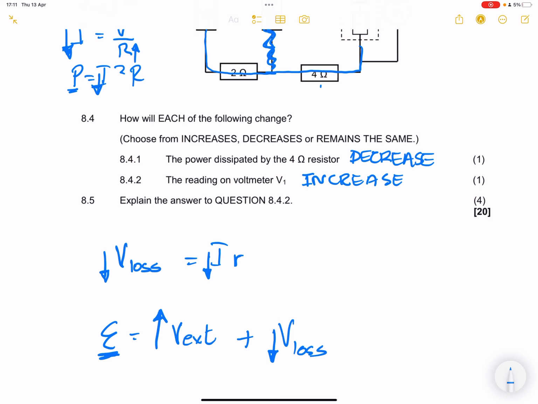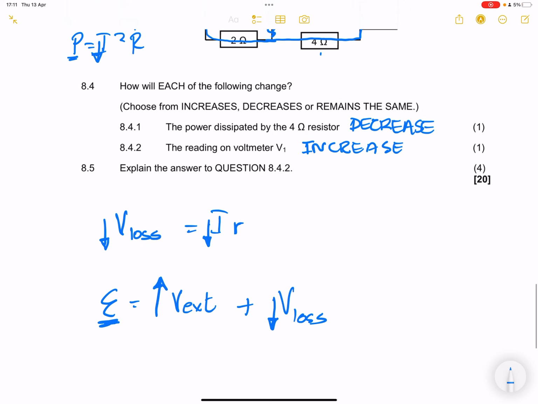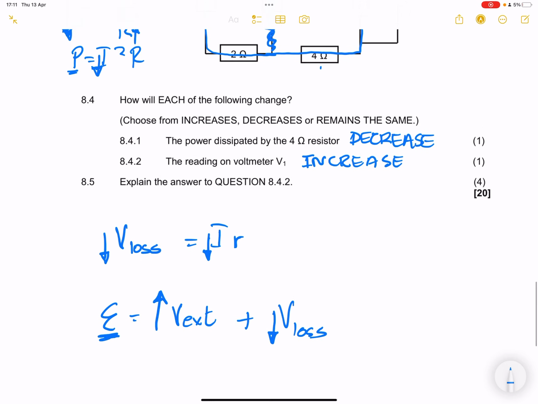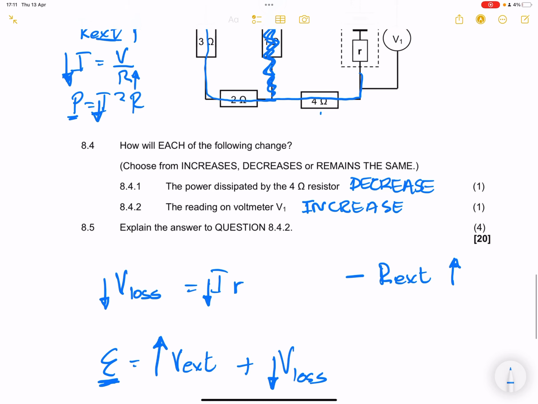Again, ladies and gents, let's explain that clearly. First, we said R external would increase: when we put that voltmeter, we remove the 1 ohm resistor, so essentially R external increases. We said I is V over R, so once we increase R external, the current decreases.